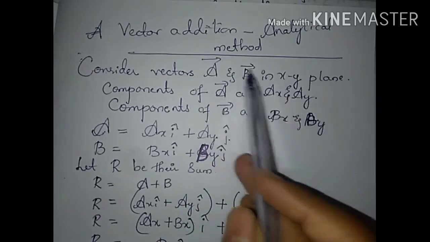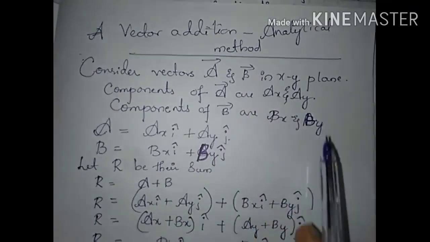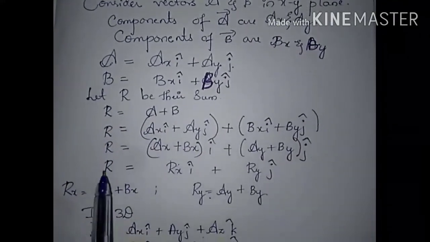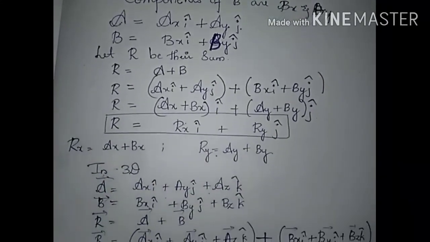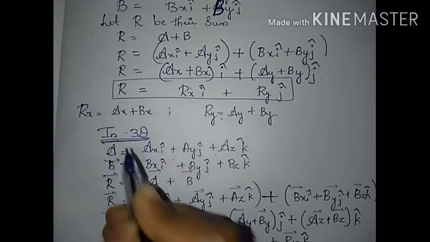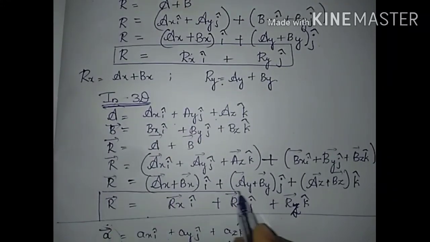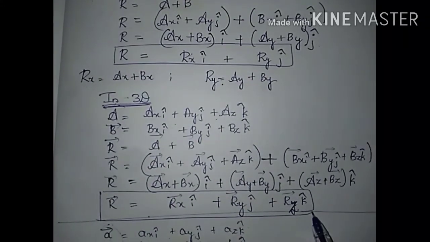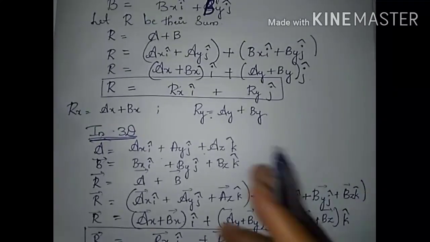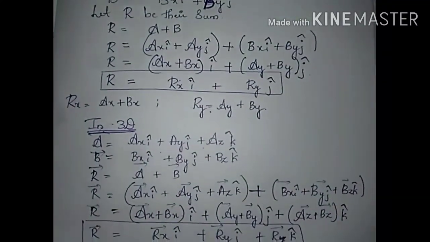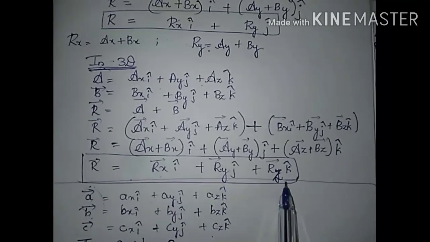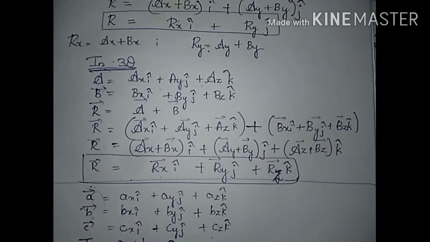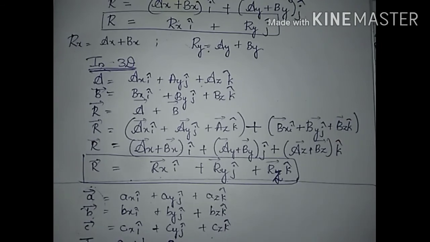We have considered 2 vectors in the xy plane, and for this we have written R, and then 2 vectors considered in 3D, and for that again we have written R. For 2D we got only Rx and Ry, and for 3D we got Rx, Ry, Rz, because one axis has increased.